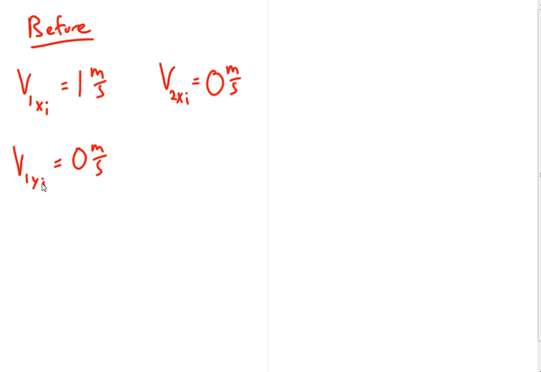The velocity of object 1 in the y direction initially is 0, so it's just moving left and right. The velocity of object 2 in the x direction initially was 0, and in the y direction it was negative 2 because it was moving downwards. After the collision, the velocity of object 1 final in the x direction, we don't know.